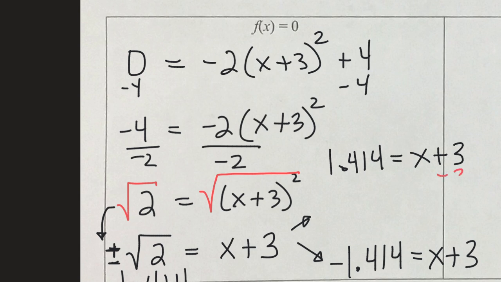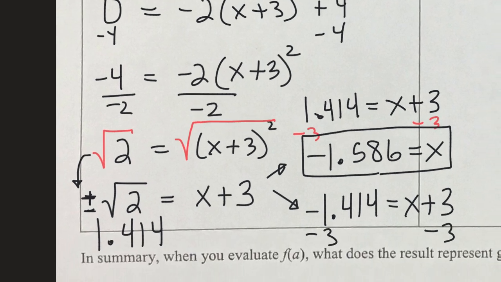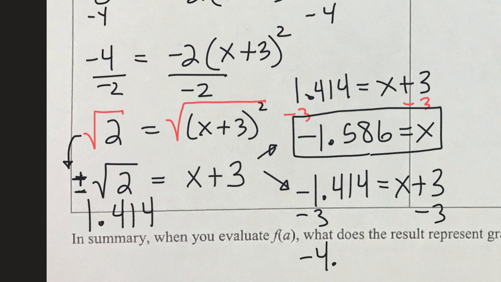Okay, and then to finally solve, we're going to subtract 3 from this. So when I subtract 3, I get an x value of negative 1.586. So that's one of my x-intercepts. And then when I subtract 3 from this, I get negative 4.414.